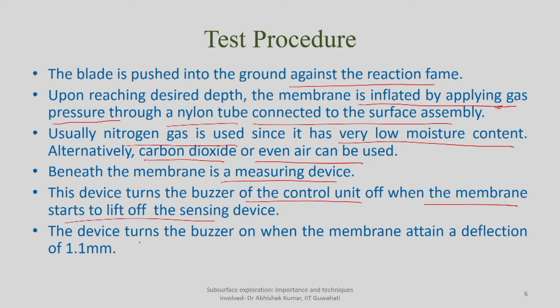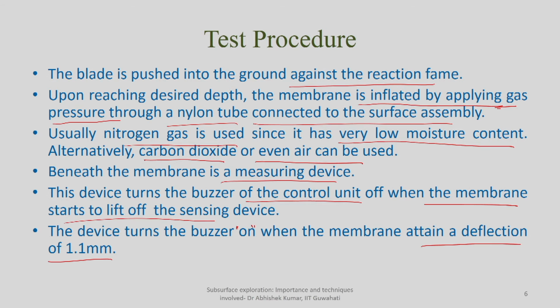Finally, you are measuring different kinds of pressure values at the surface, and this test is happening at a particular depth of interest. So the device turns the buzzer on when the membrane attains a deflection of 1.1 mm. The membrane is there, you start applying some pressure, because of which the membrane will start pushing the soil. This is the membrane, this is the blade, and behind the membrane there will be soil.